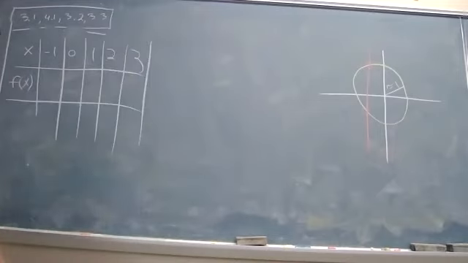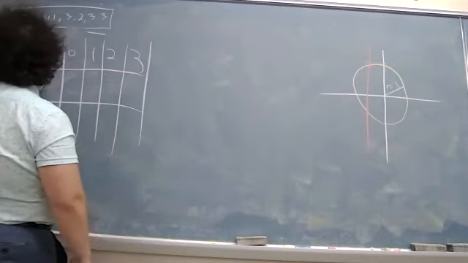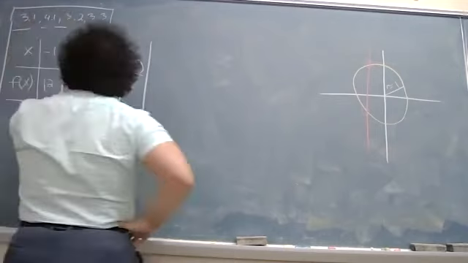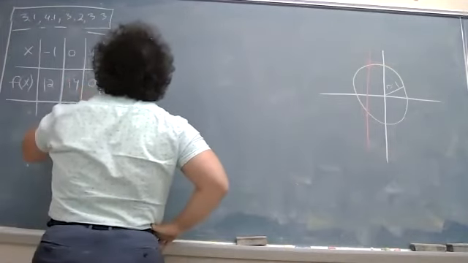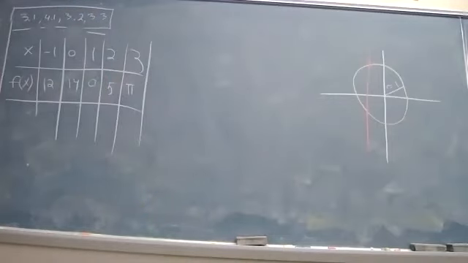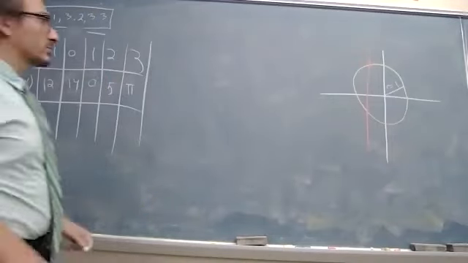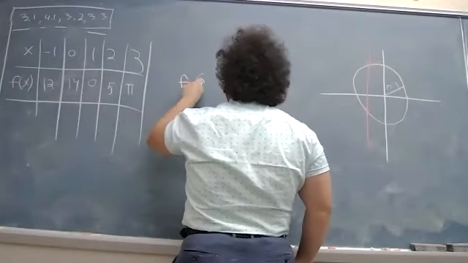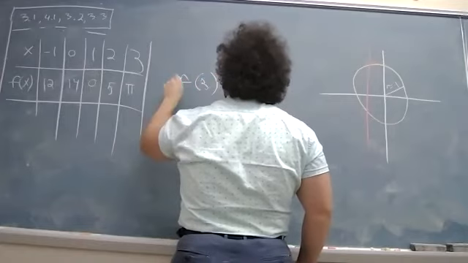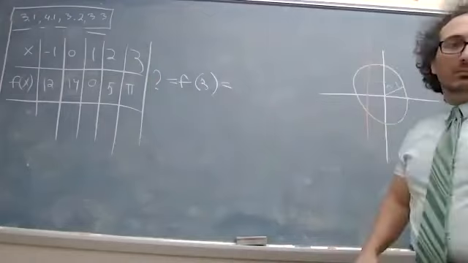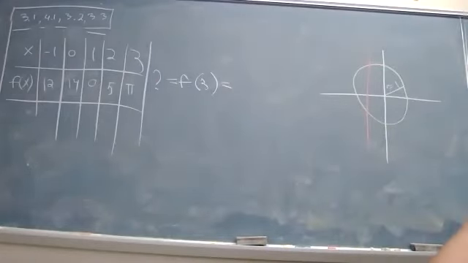And this function spits out 12, 14, 0, 5, pi. What is f of 3 equal to? Type it in.